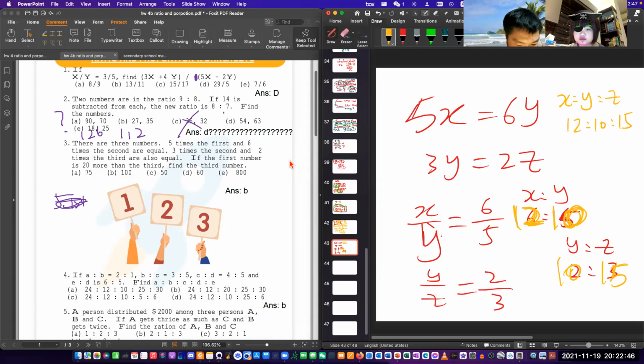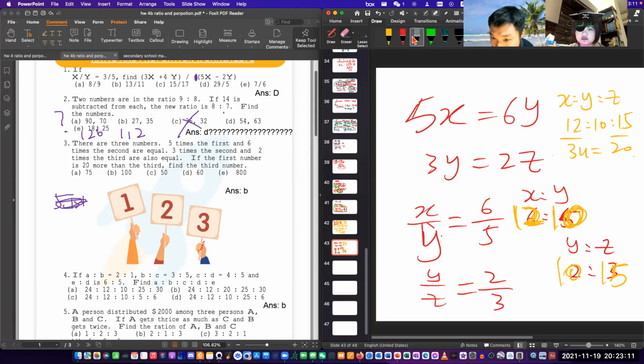And then you continue. If the first number is 20 more than the third, find the third number. So the first is actually not 12. The first is actually 10.